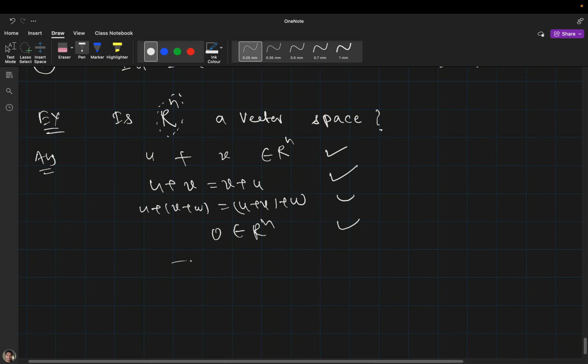Can minus u exist in n-dimensional space? That is also true, because here all those entries are real numbers. So if you have some entries in u like 1 1 1 1, then definitely minus 1 minus 1 minus 1 minus 1 is also part of n-dimensional space.